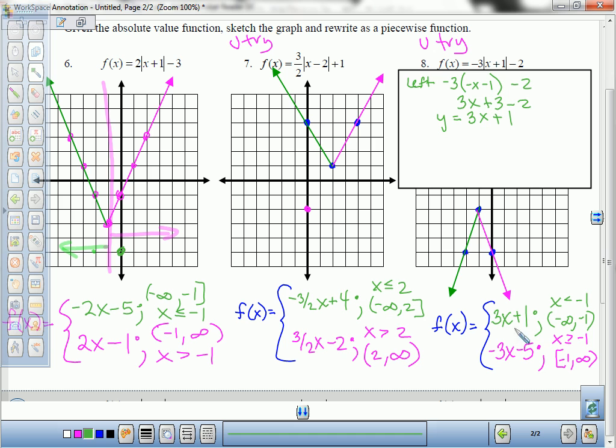Is that what we had? Yeah. Okay, let's do the right side. The right side's a little easier because you don't have to change anything. You just distribute. So the right side looks like this. Nothing changes except the absolute value goes to parentheses. And then we distribute. So it's negative 3x minus 5.